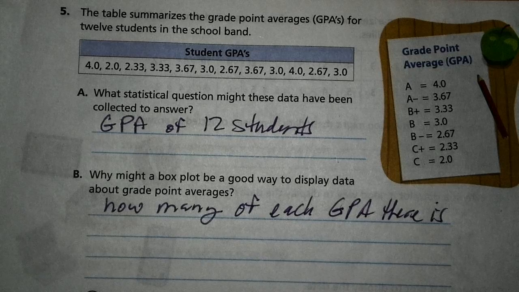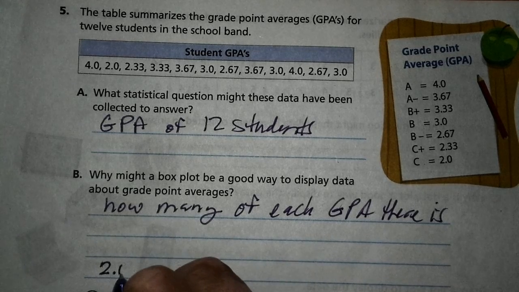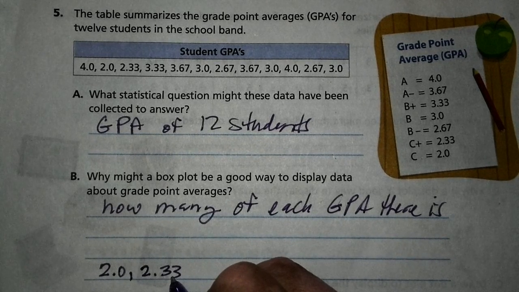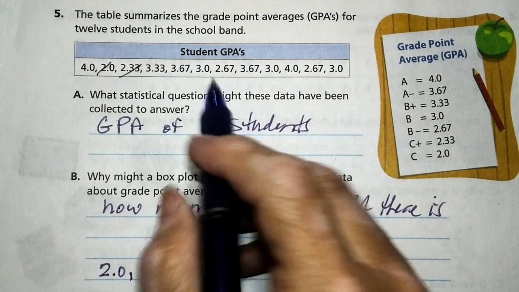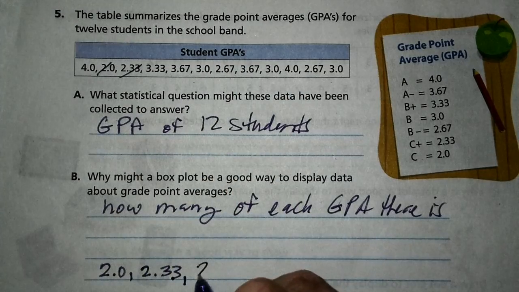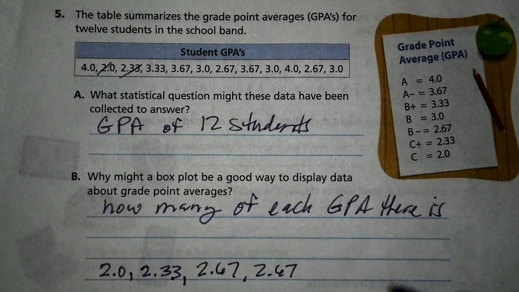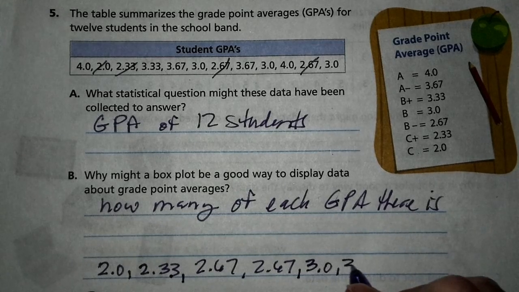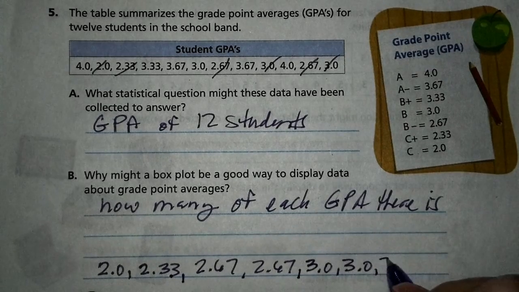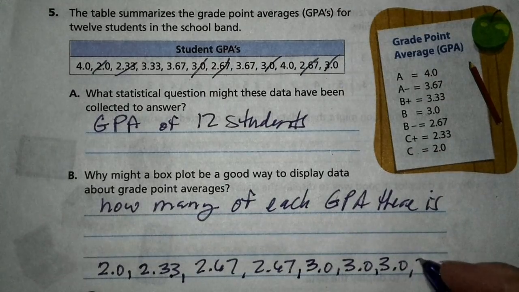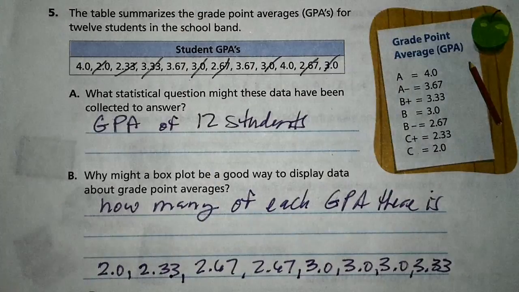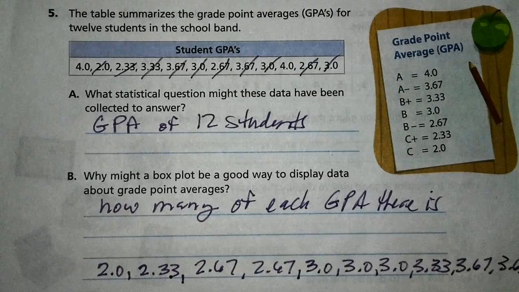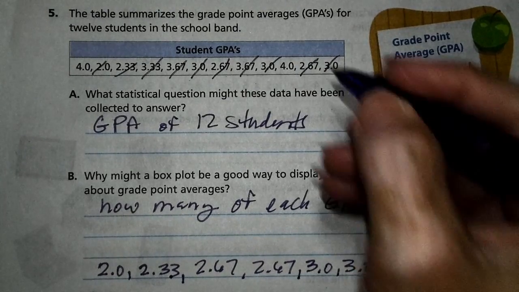Looks like we'll put them in order. So 2.0, 2.33, 2.67, 2.67, 3.0, 3.0, 3.0, 3.33, 3.67, 3.67, and then 4 and 4.